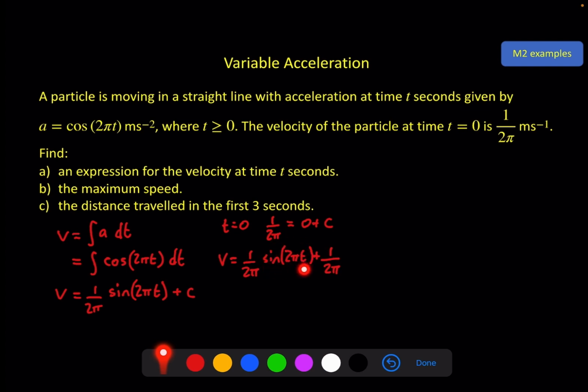So when sine is equal to 1, we get 1 over 2 pi plus 1 over 2 pi, and that is equal to 1 over pi meters per second.